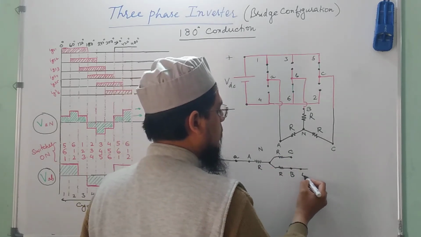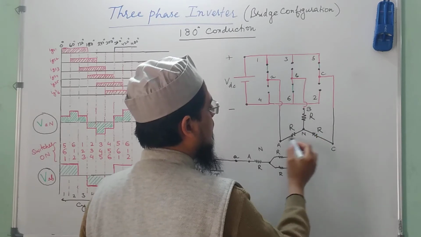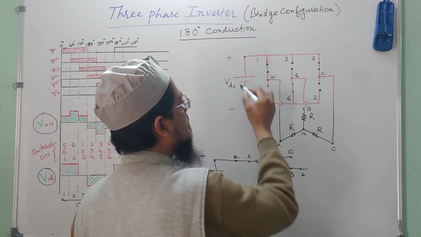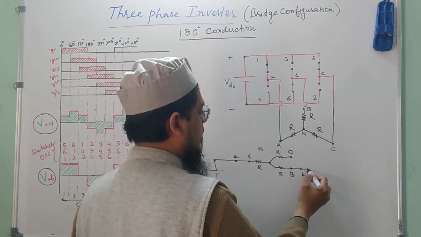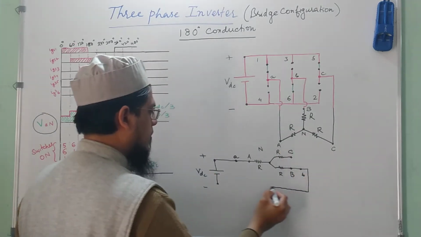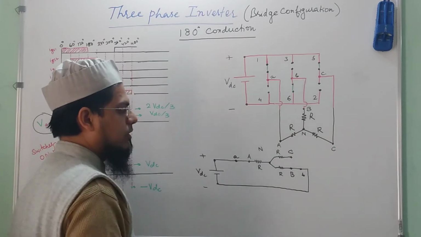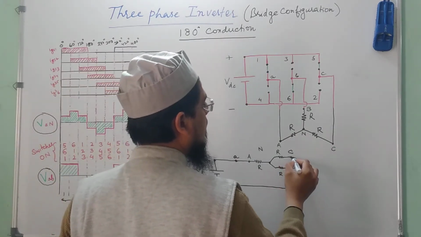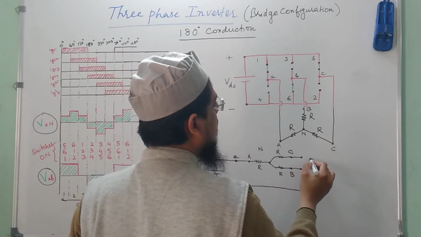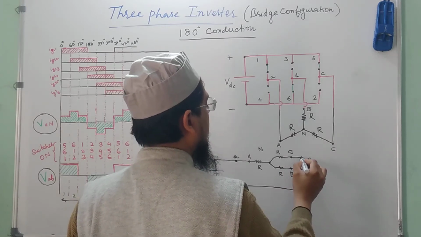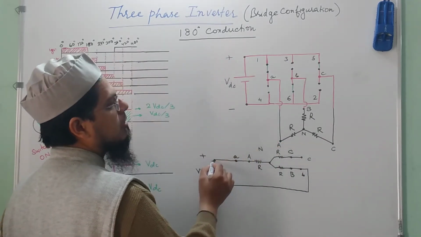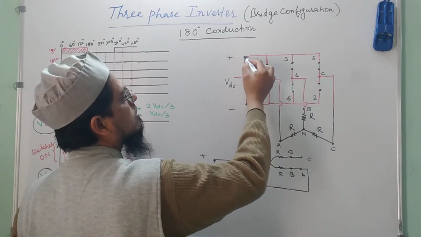So B is here, small b is here, this is capital B, then small b, and then through 6 it is coming to the minus point. Okay. And finally through capital C to small c, and then it is basically coming back to the positive point, this point.